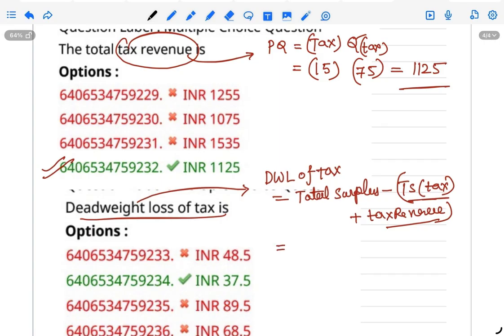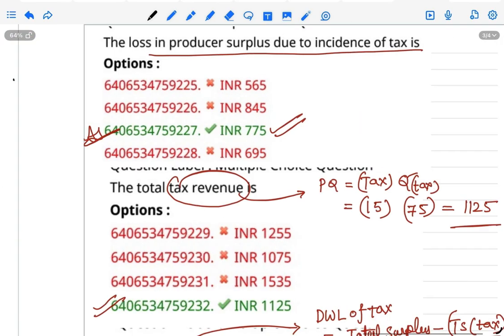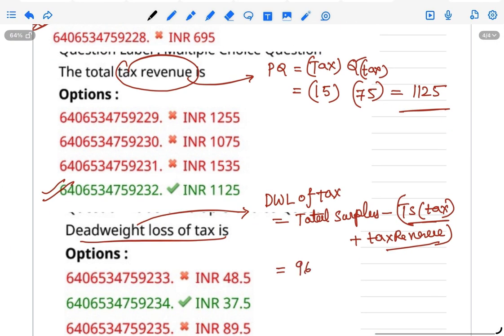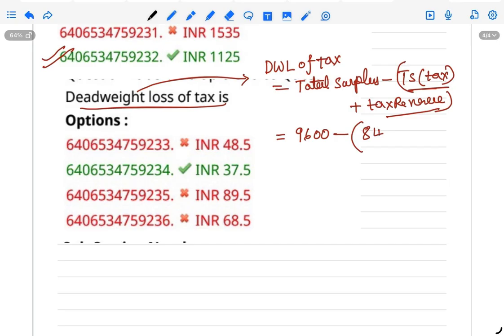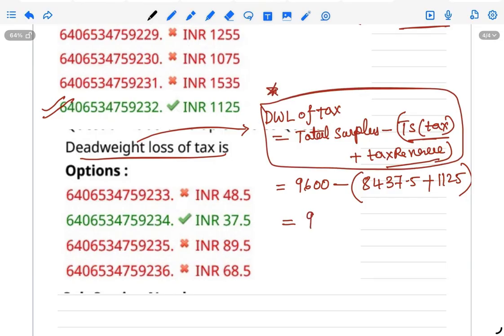The total surplus is 9600, so that is 9600 minus total surplus after tax 8437.5 plus tax revenue we calculated 1125. It is 9600 minus 9562.5, which equals 37.5. So the answer for this question is 37.5.